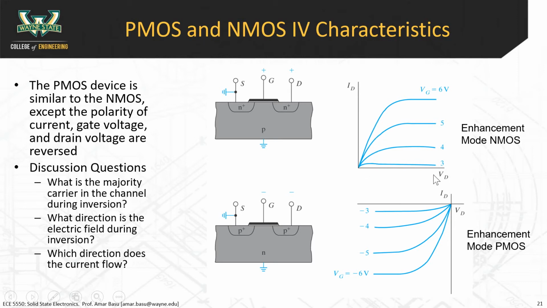As you increase your drain voltage, the current starts to level off. It starts to become horizontal. So the point where it becomes horizontal is what's referred to as the saturation region. This typically happens when the drain to source voltage, VDS, is greater than VGS minus VT. And we talked about that on the previous slides.